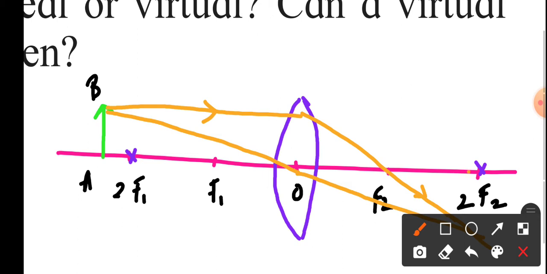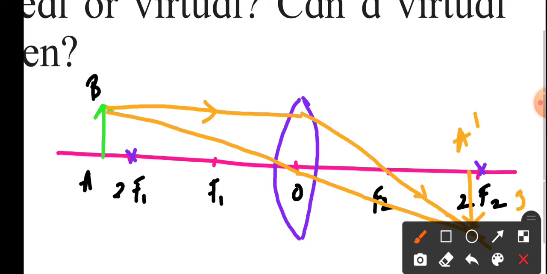Then wherever they are crossing each other, there we have to draw our image, and this will be A prime, B prime.